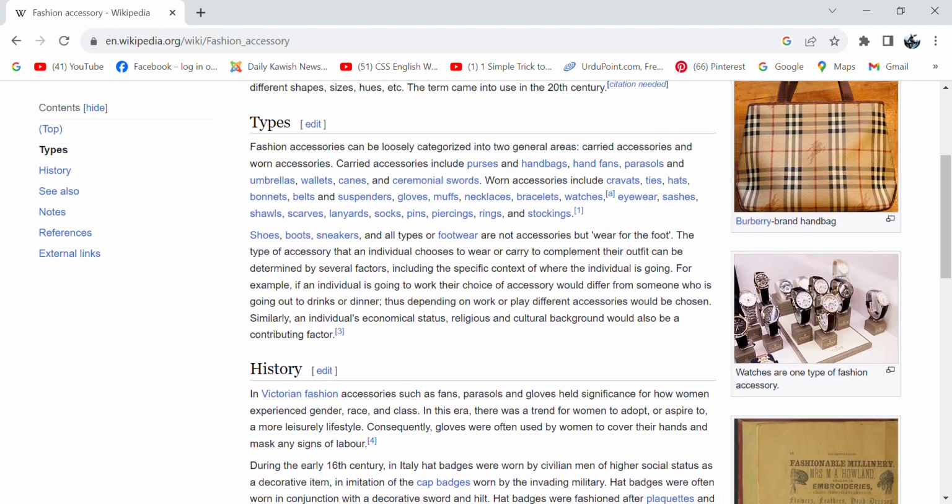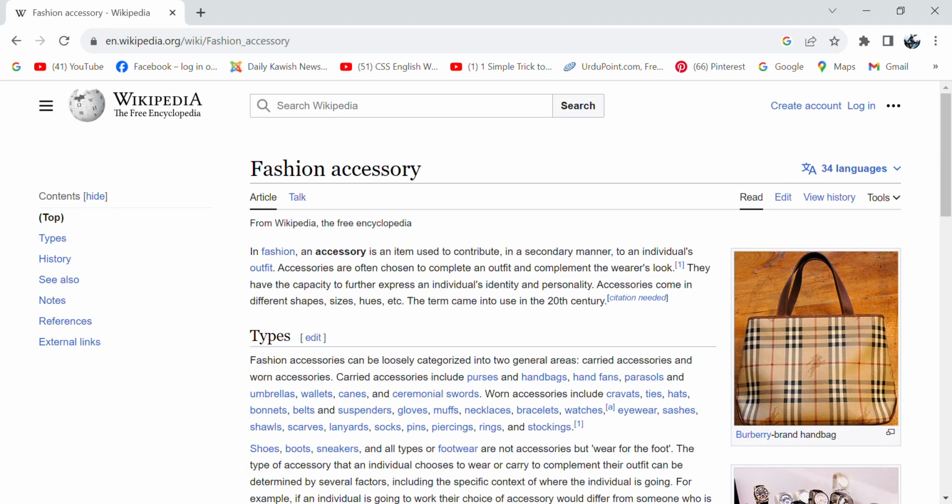So that was the article about fashion accessories. Now, as you got the idea about fashion accessories, what they are and some types of them, we understood probably everything about fashion accessories.